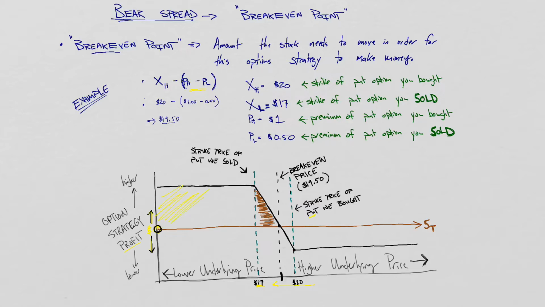You're effectively selling this end of the distribution. By lowering your break even, well, I guess technically it's increasing your break even from $19 to $19.50.